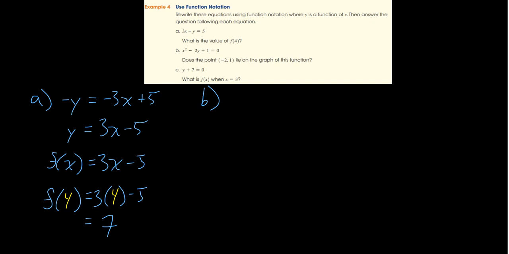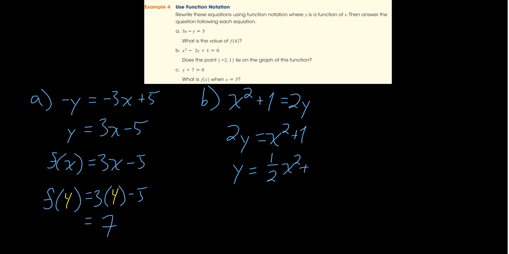So if I added the 2y to the other side, I would have x squared plus 1 is equal to 2y. Now I'm just going to flip everything, left side to right side. So 2y is equal to x squared plus 1. I'm going to divide both sides by 2, so I have y is equal to 1 half x squared plus 1 half. Then I'm going to rewrite that as f of x is equal to 1 half x squared plus 1 half.